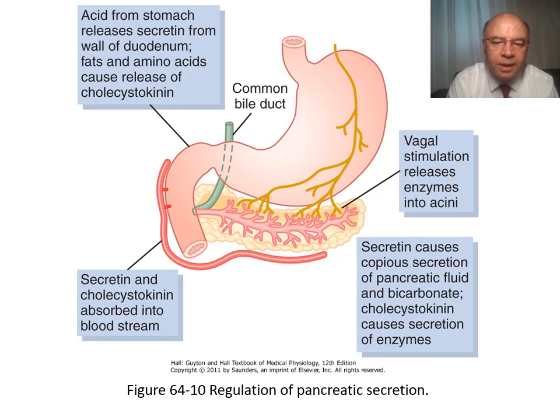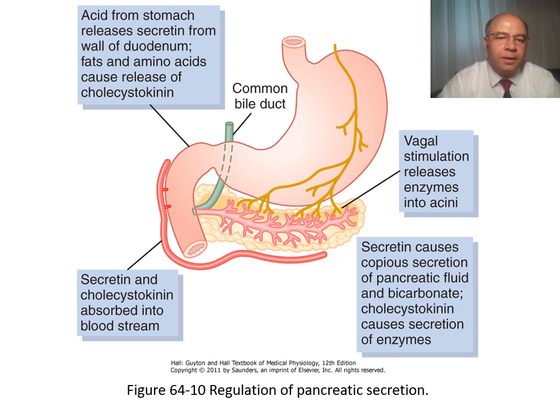So regarding regulation of pancreatic secretion, you can see here, acid from the stomach arrives in the duodenum, so it releases secretin from the wall of the duodenum. Fats and amino acids cause the release of cholecystokinin.